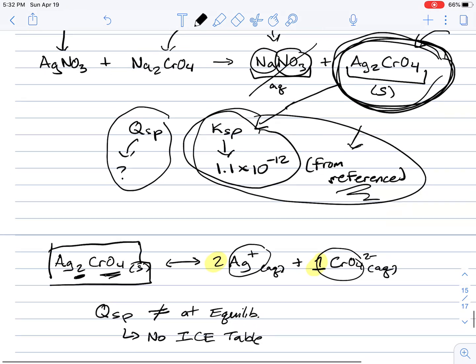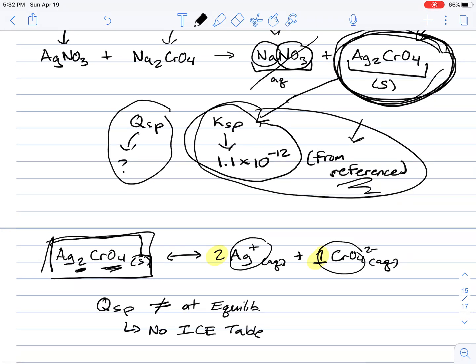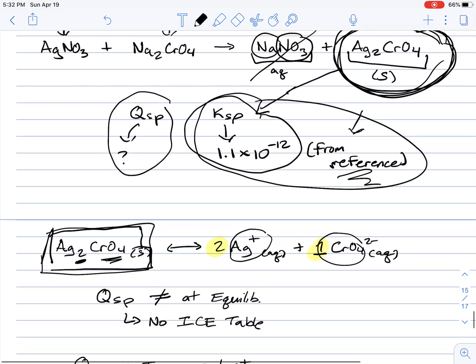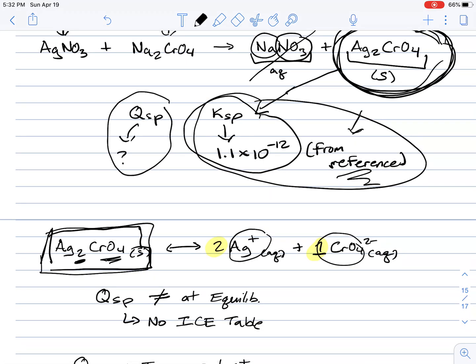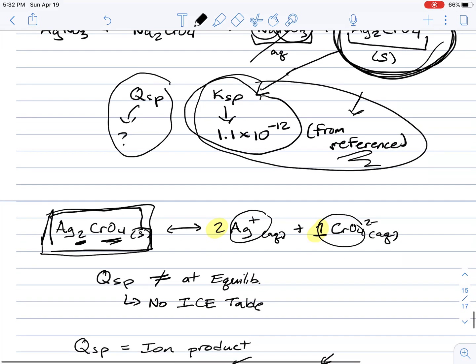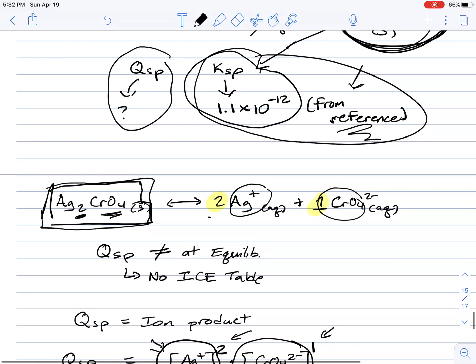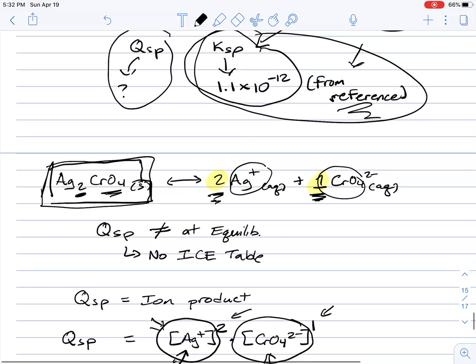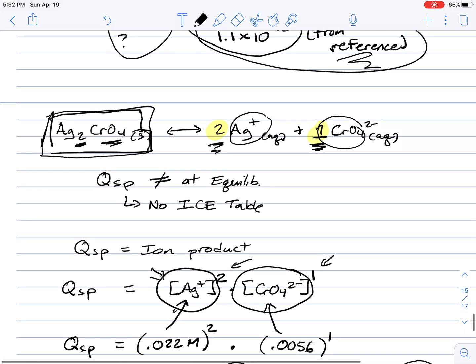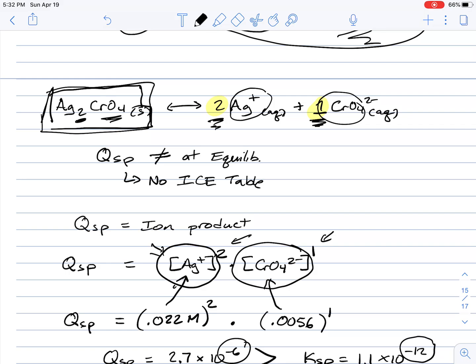To do that, you need to take your potential precipitate, this product, and write the reverse reaction, so to speak, so that you can get the coefficients of those ions. And those coefficients are going to represent the exponents in your mass action expression for Qsp.